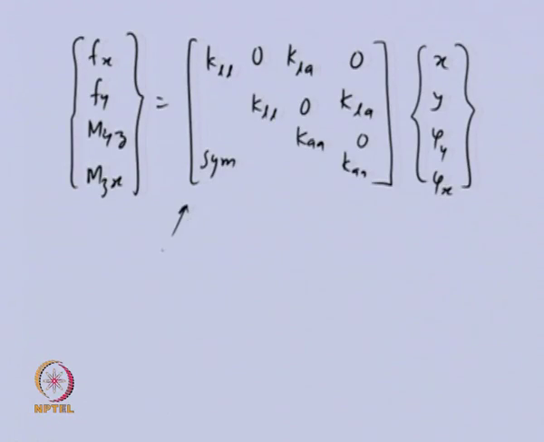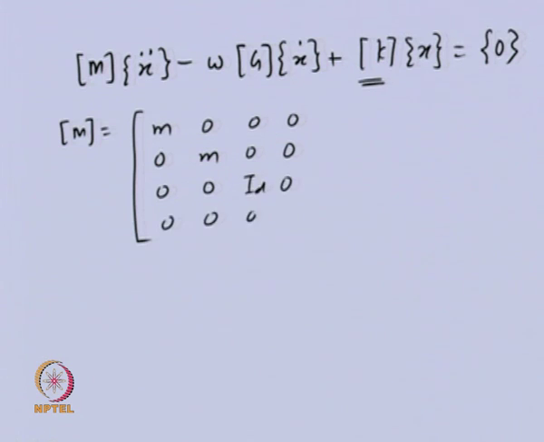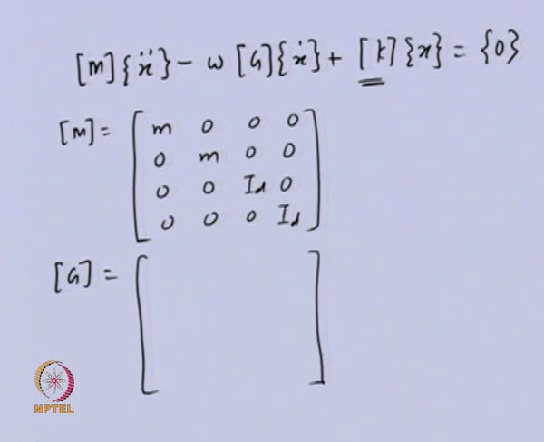This is the K matrix, and the M matrix is the mass matrix, and based on the ordering of the displacement vector, it will have this form. This is the diametral mass moment of inertia, these 2 terms. This G is the gyroscopic matrix, which has most of the terms 0 except 2, which are non-zero.